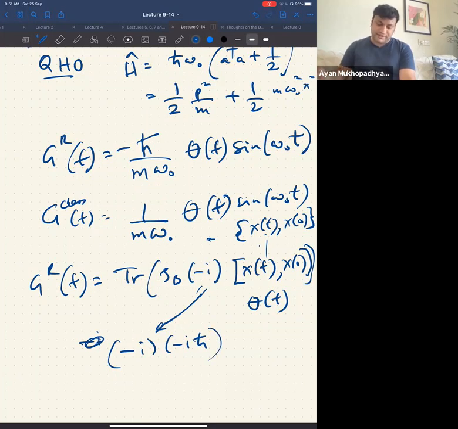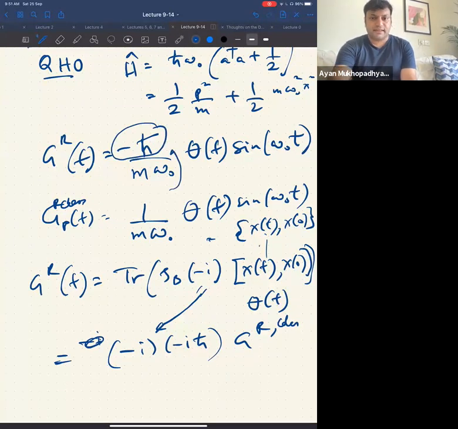And there are no subleading corrections here, at least for the harmonic oscillator, it is exact in h bar. So it should be simply equal to this times the classical G R. And therefore, there's an extra minus h bar sitting here that is not there in the classical propagator, okay? This is something we said last time also in the last class, but maybe I was not so clear.